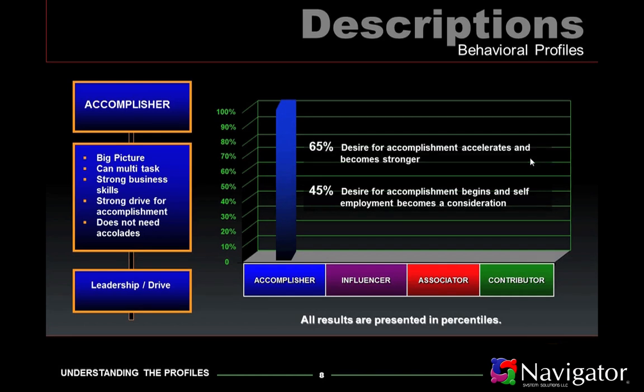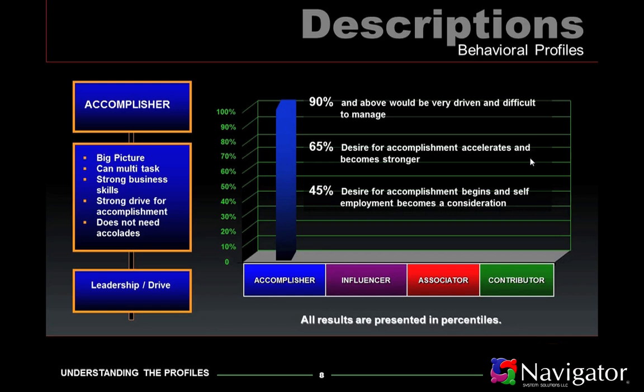We really want to look for somebody in the 60s. At 65%, the desire for accomplishment accelerates, becomes stronger. But here's what happens. When it gets too high, when it gets 90% and above, they are incredibly entrepreneurial. Now, that means if they're going to be in business for themselves, they're going to be highly manipulative and want to be in absolute control.